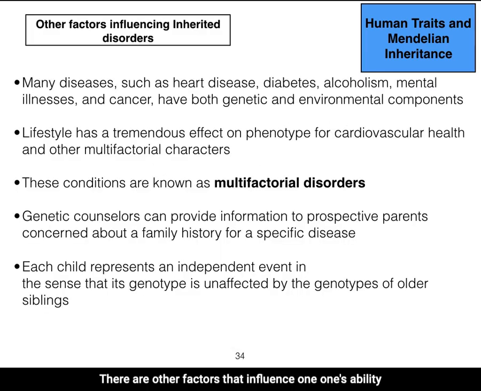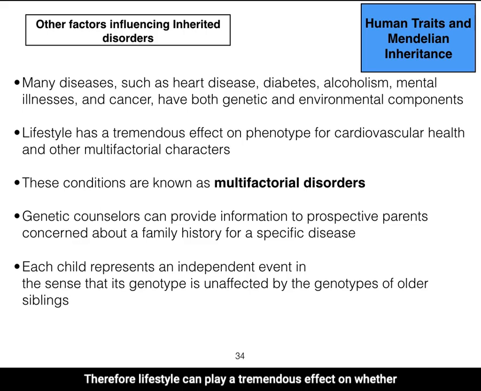There are other factors that influence one's ability to inherit a disorder. Many diseases such as heart disease, diabetes, alcoholism, mental illness, and cancer are all factors that influence one's ability to inherit a disorder. There are also genetic and environmental components.